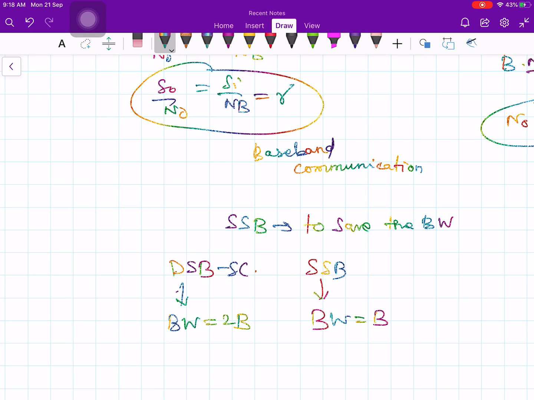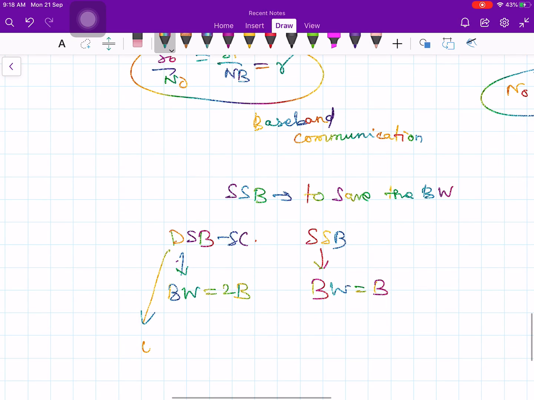Incidentally, as far as the bandwidth is concerned, in some sense DSB and SSB are the same because there is no performance improvement against noise. Although in DSB the bandwidth is twice, you know that by using quadrature amplitude modulation, you can transmit 2 messages instead of 1, right? Using DSB-SC, you can go for quadrature amplitude modulation and transmit 2 messages over a bandwidth of 2B.